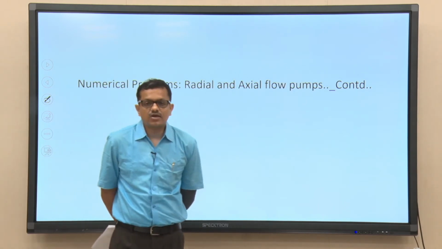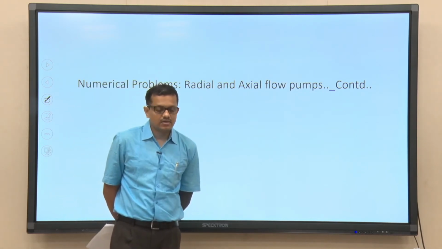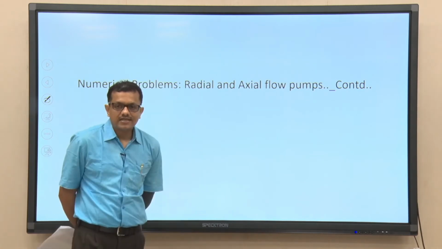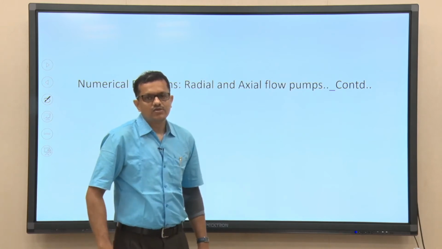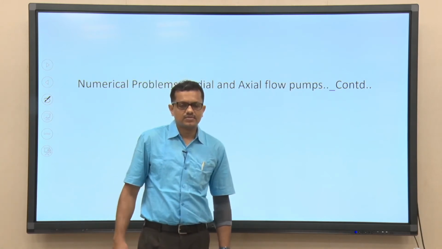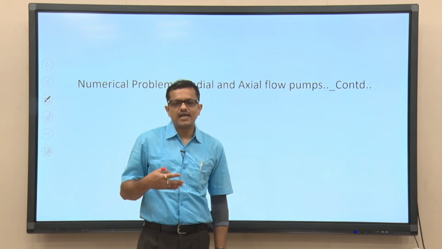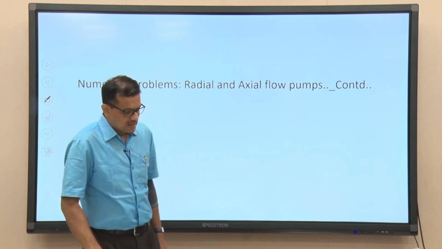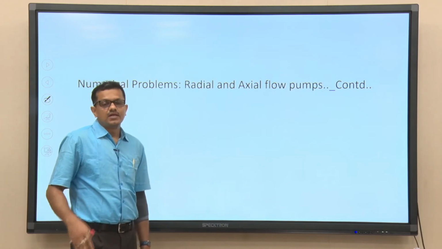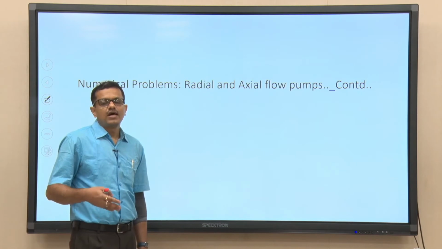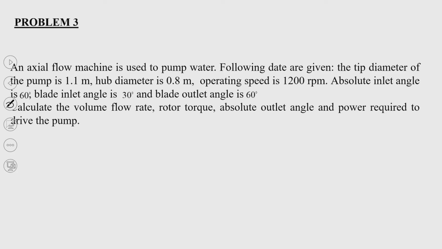If we recall, in the last two lectures we have discussed two different problems related to radial flow pump, and while solving those problems we discussed different concepts that we have learned from the previous classes in the context of radial flow pump operational issues and design issues. So, today we shall solve this problem.